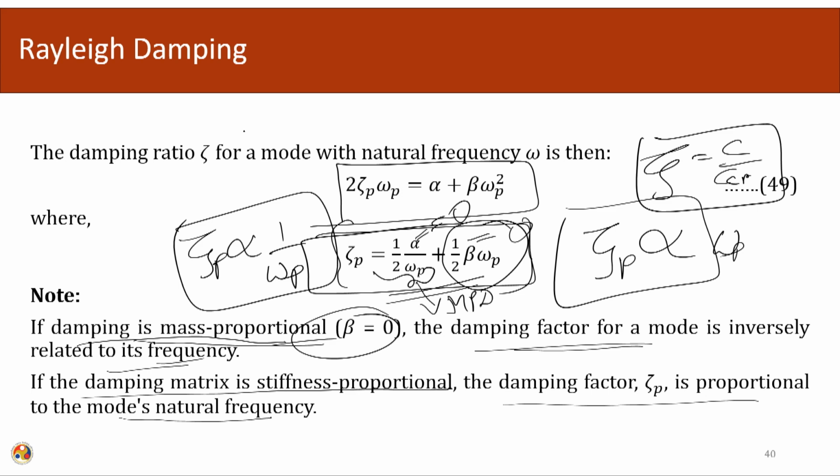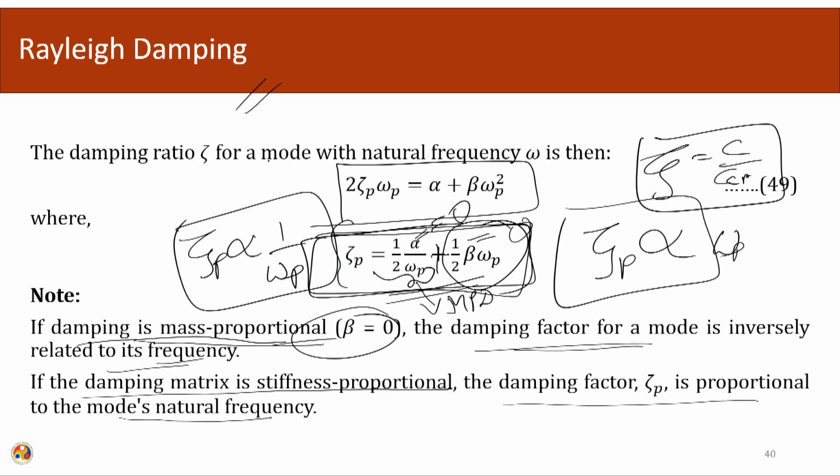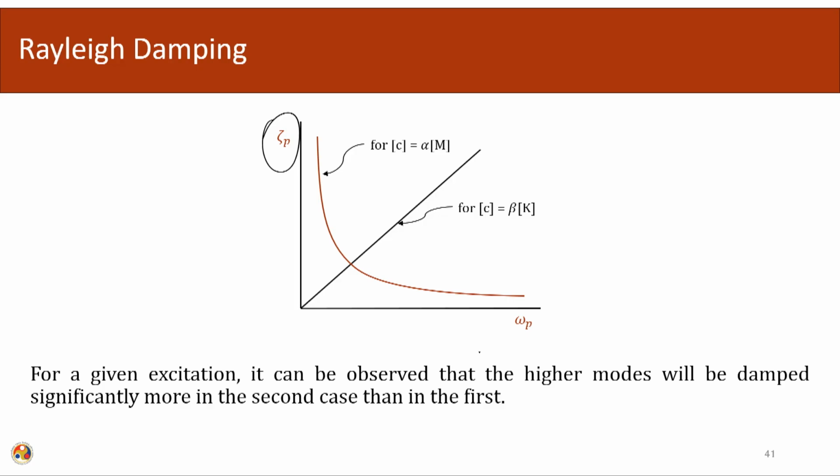And if both are there, then it will be a linear combination of both. This is called Rayleigh damping. This is the representation of zeta, the damping factor, with respect to omega, that is the frequency.